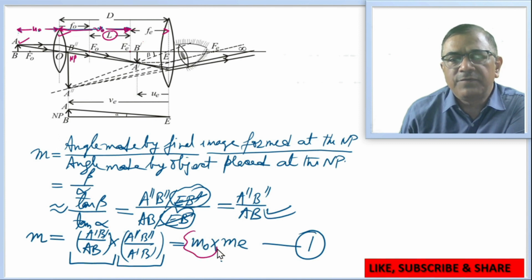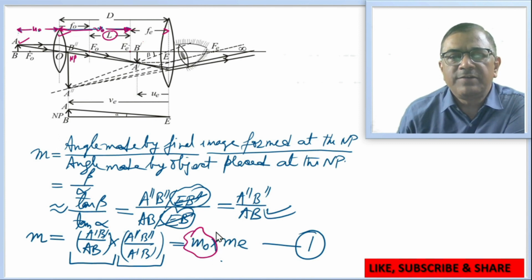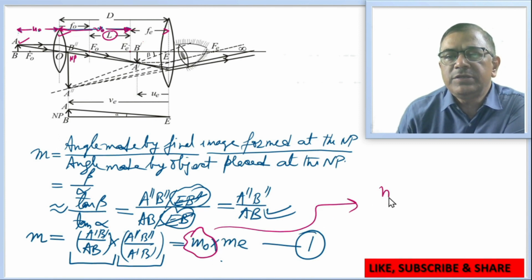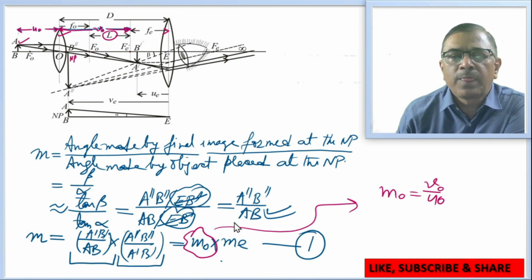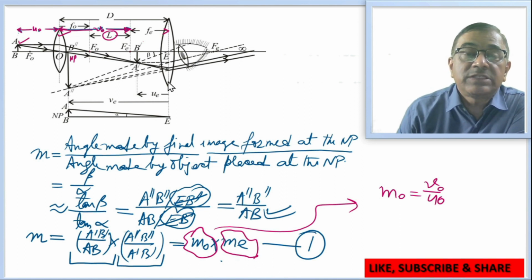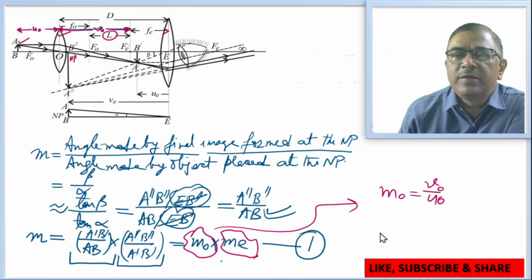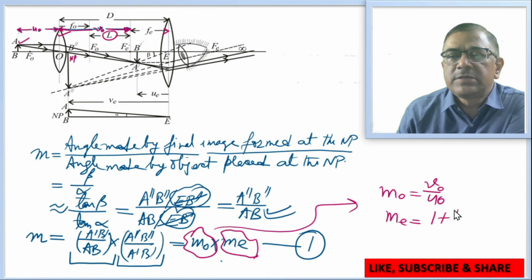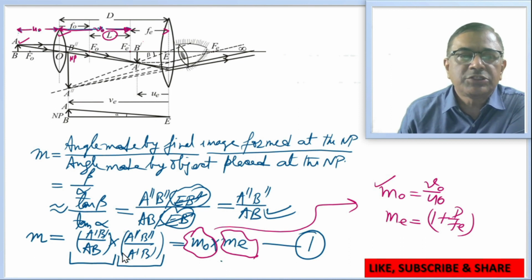Here MO is the magnification produced by the objective lens, and it is given by the expression MO is equal to VO by UO, while ME happens to be the magnification produced by the eyepiece, which acts as a simple microscope, and hence this ME should be written as 1 plus D by FE. Now substitute these values of MO and ME in this relation number 1.